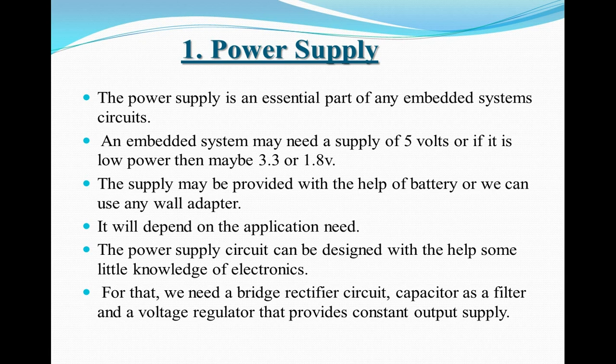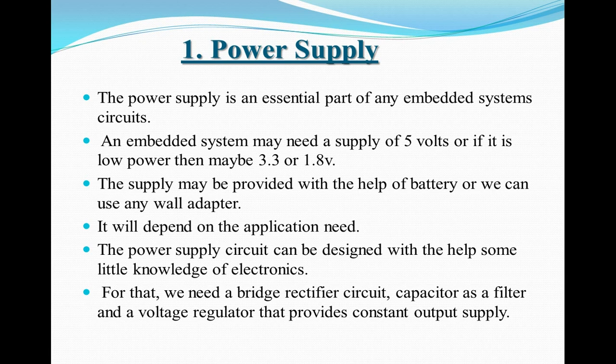The supply may be provided with the help of a battery, or we can use a wall adapter. As I told you just now, how the power supply is given depends upon the application. The power supply can be continuous with the help of the adapter, or instead of the adapter we can use batteries as well.